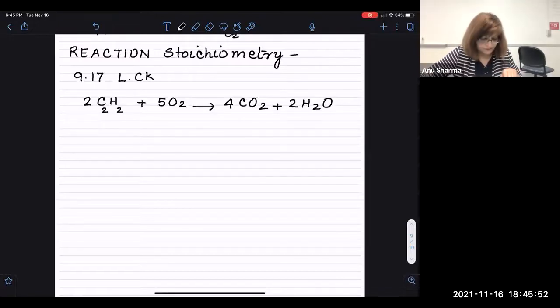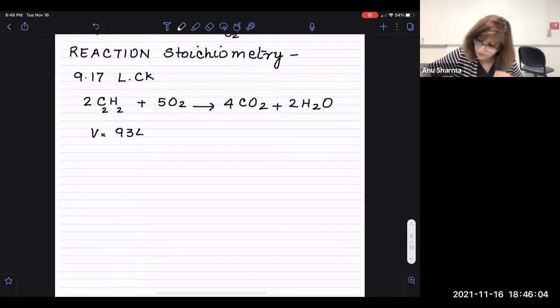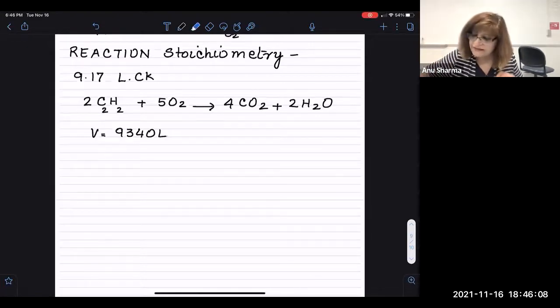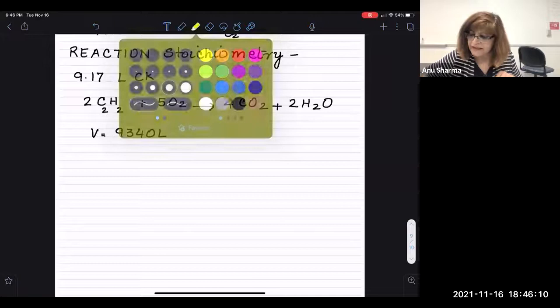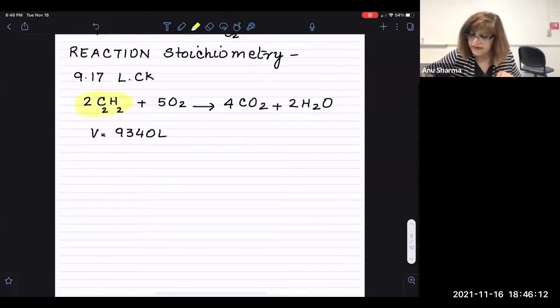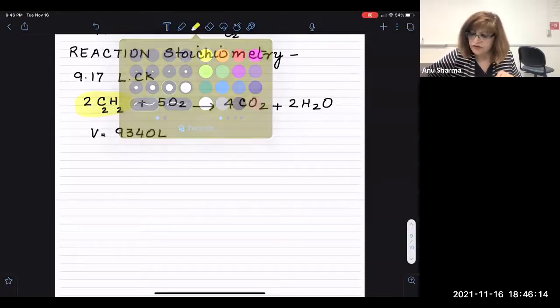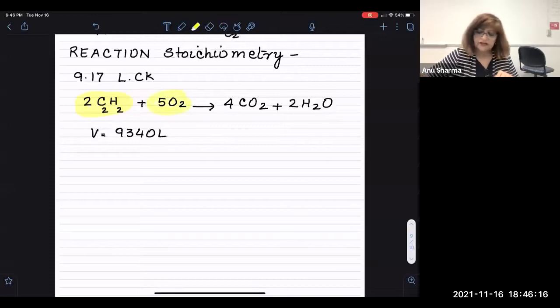Now the question is, an acetylene tank for an oxyacetylene welding torch provides a volume of 9340 liters. So this acetylene obviously is in a tank, and then you need to bring in oxygen from somewhere, another tank, and then you mix them together at a very high temperature.